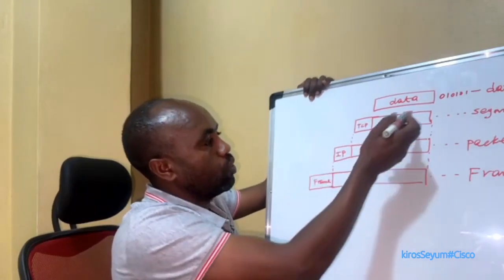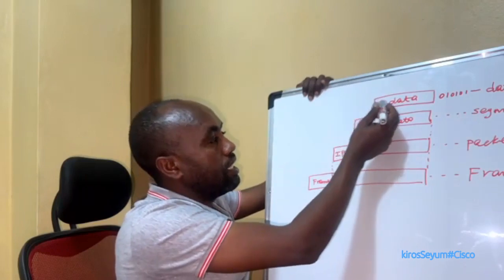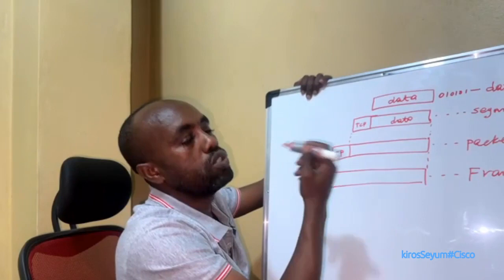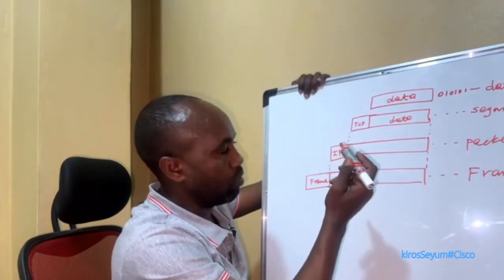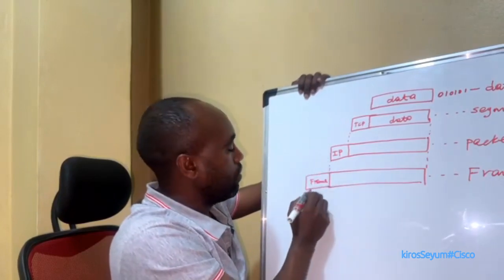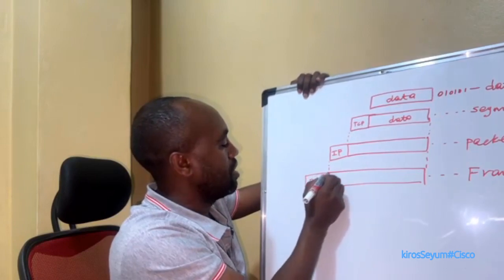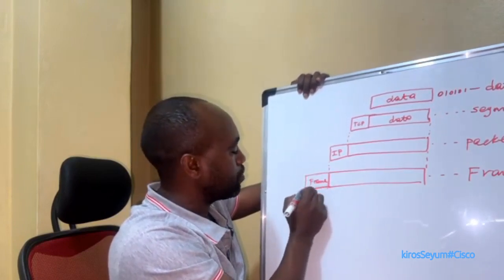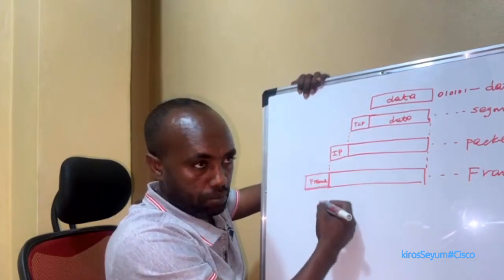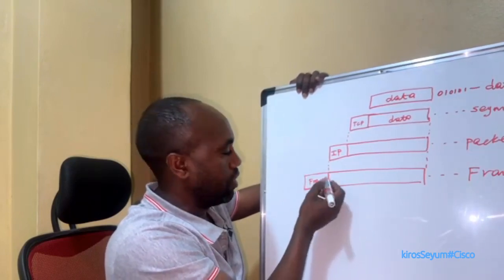So what is happening to the data? We are encapsulating the data with some headers. These headers are protocols or rules. TCP is one protocol, IP is another protocol, frame is another protocol. The frame is layer 2, or the access protocol. In this we have source and destination MAC addresses, some additional protocol information, and the type of frame being used.